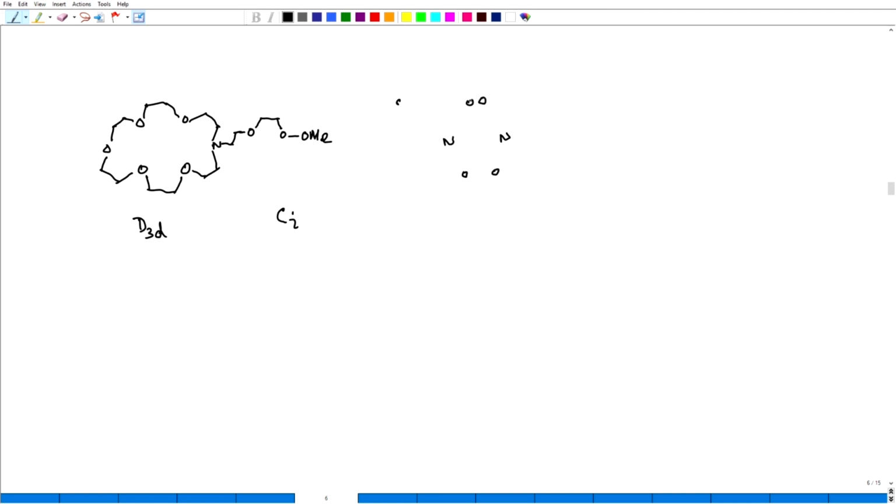So, 2 Aza 18 crown 6. Okay, so here is nitrogen.